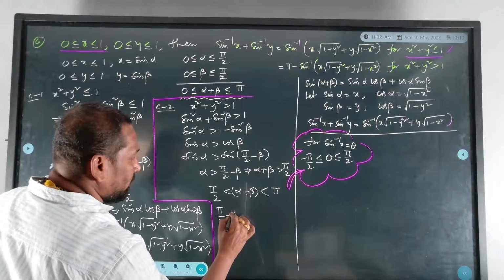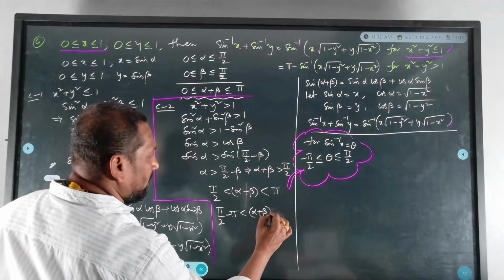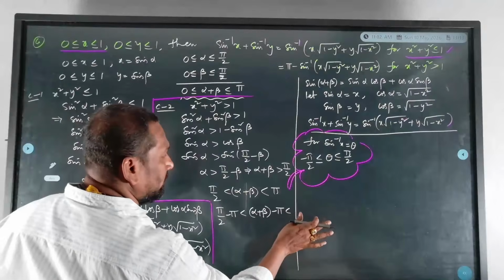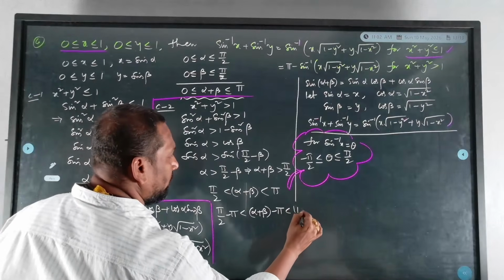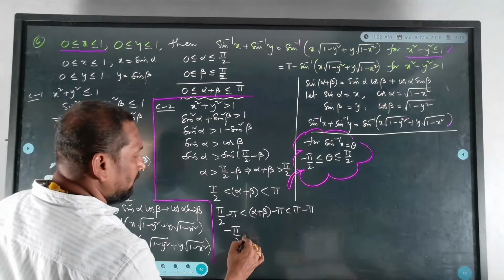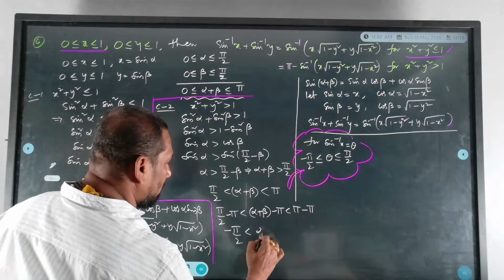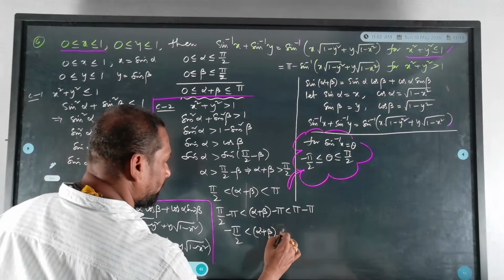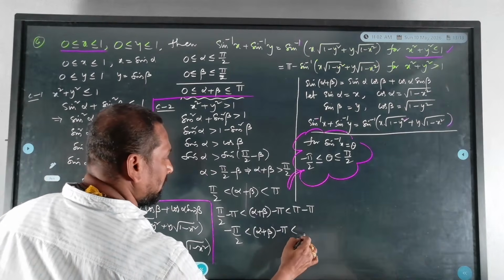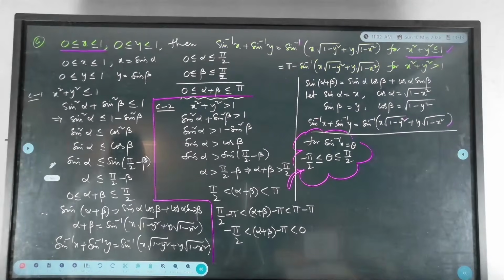Pi by 2 minus pi is less than alpha plus beta minus pi, which is less than pi minus pi. So this is minus pi by 2 less than alpha plus beta minus pi, less than 0. Okay?